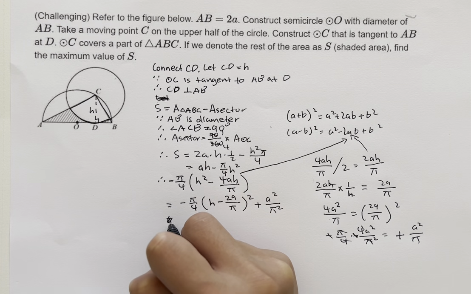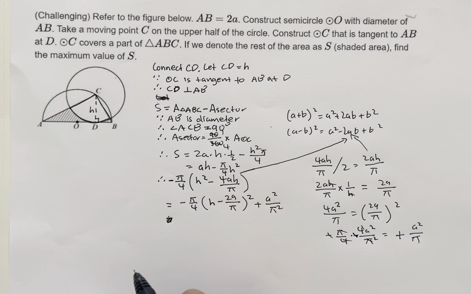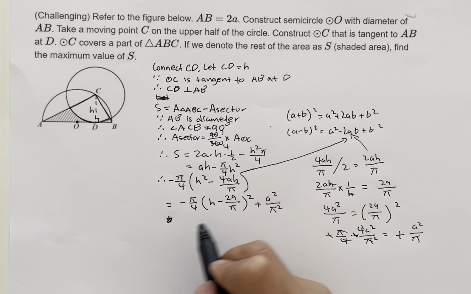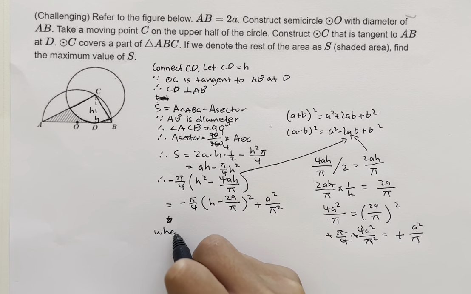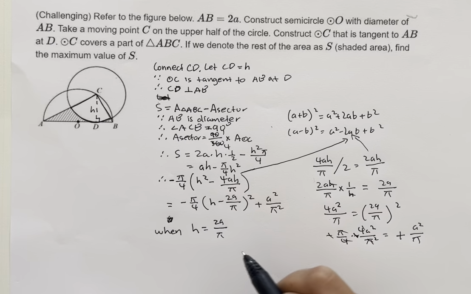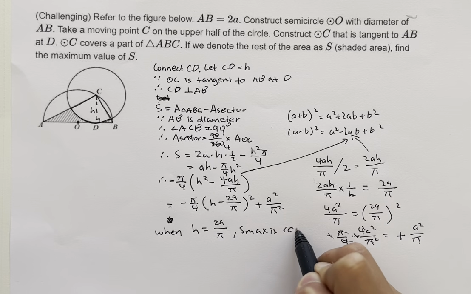So now, how do you find a maximum? Well, this part's pretty obvious. When h equals 2a over pi, S max is reached.